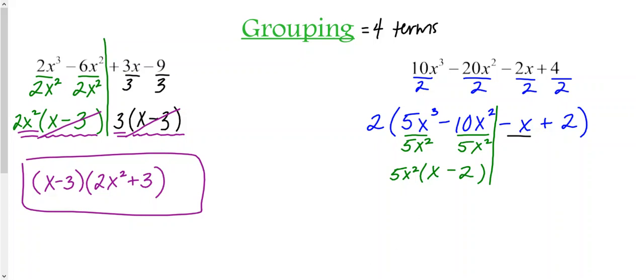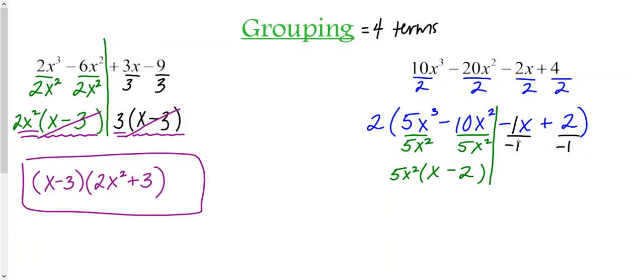I'm going to do a GCF for the next 2 now. So I have a negative, and really we have a 1 in front of that x, and then a positive 2. Now I said you always have to take a GCF. So in this case, I really can only divide them by 1. And here's what's really important. Since this first part is negative, my GCF has to be negative.